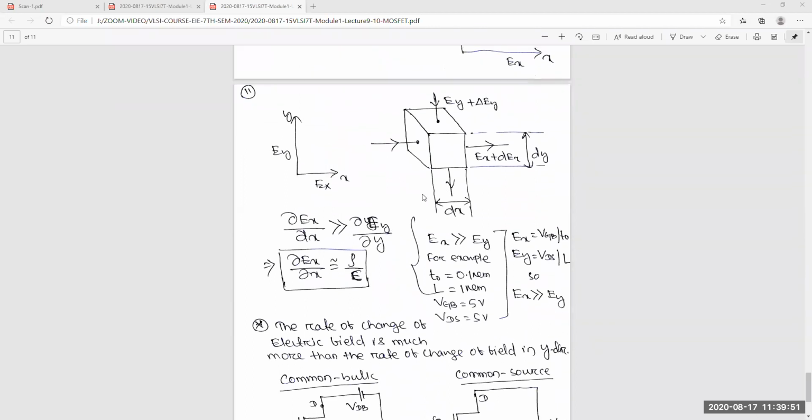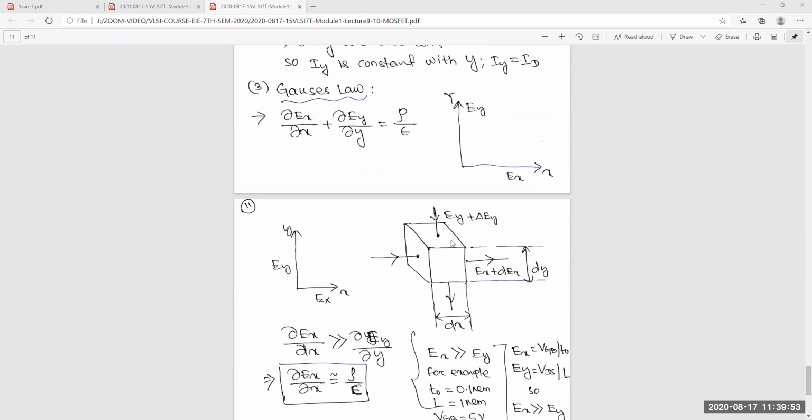If you think about Gauss's law in that small region dy, in a 3D view, initially it is Ex. If you change by delta, it changes in this direction and also in the x direction.